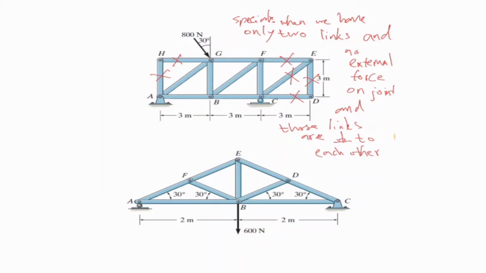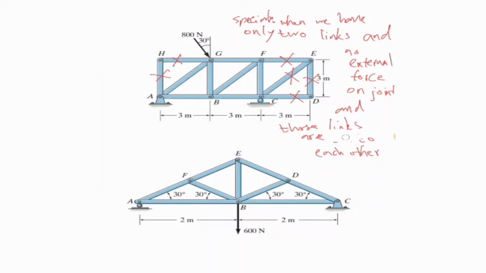Then we don't need to say that the links are perpendicular to each other. When we have two links and they are not on the same line, it's better to say that those links are not in the same line.